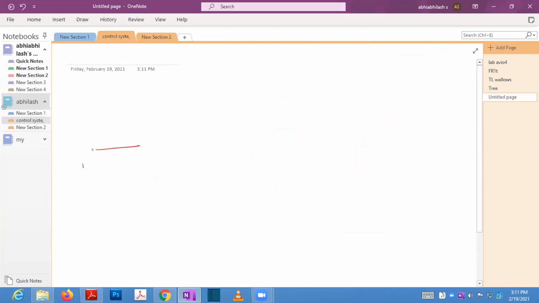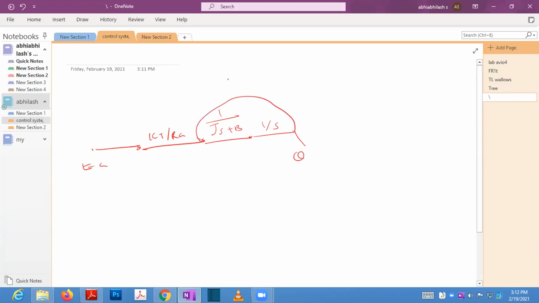So this is EA. KT by RA, then 1 by JS plus B, then 1 by S. You will get theta here, and from here to here, this is Nm by Nl the whole square into JL S square plus BL S, and this one is KB.